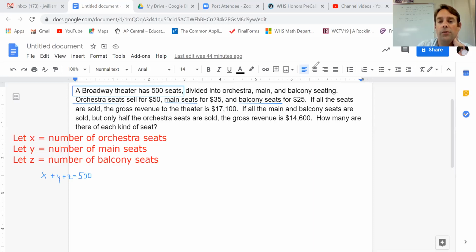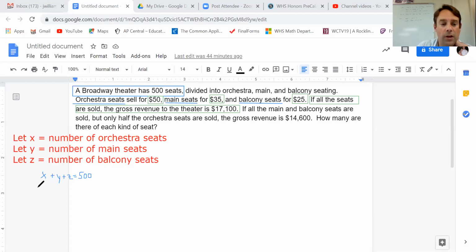The second one, let's see what you came up with. It says if all the seats are sold, the gross revenue is 17,100. And remember, revenue means money, so we're dealing with money here. If we multiply every seat by how much it costs, I should get a second equation.